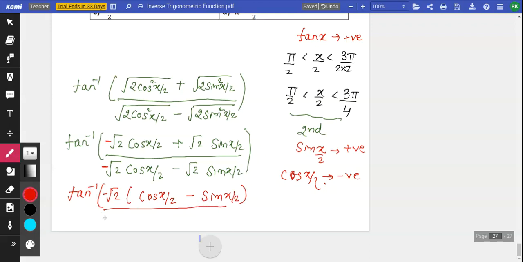Here also we take minus square root 2 common, it becomes cos x by 2 plus sine x by 2. Minus square root 2 and minus square root 2 cancel out.